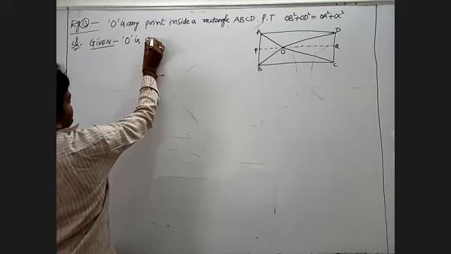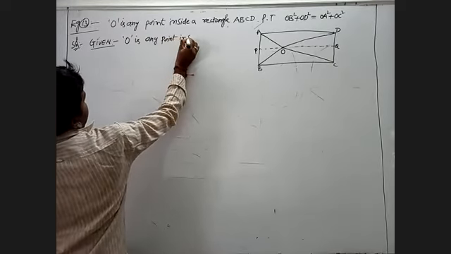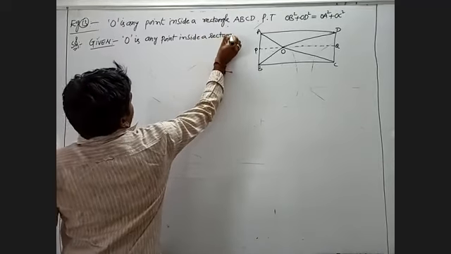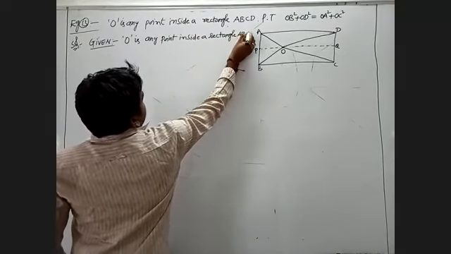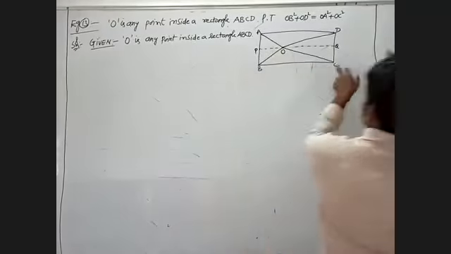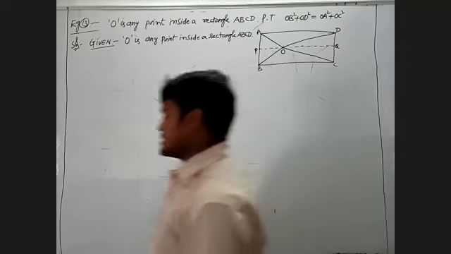O is any point inside a rectangle ABCD. Observe that O is inside the rectangle ABCD.